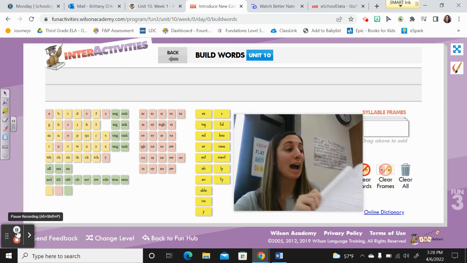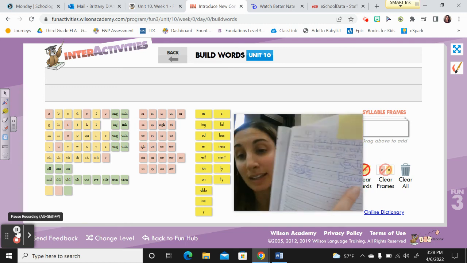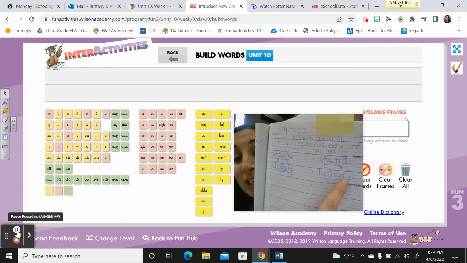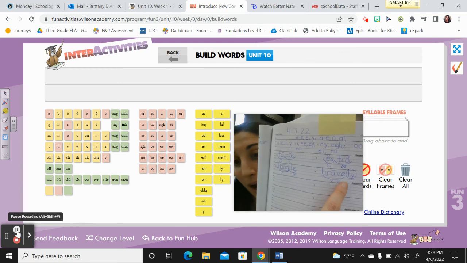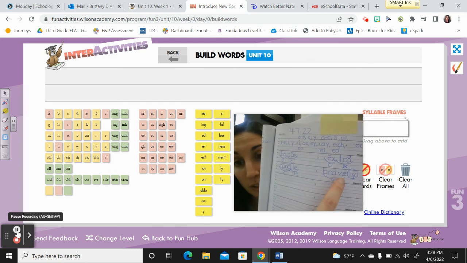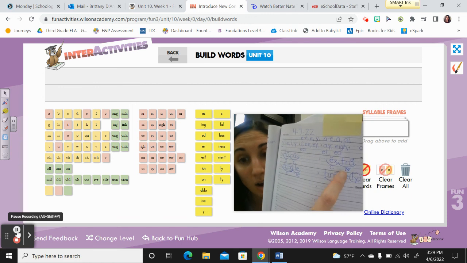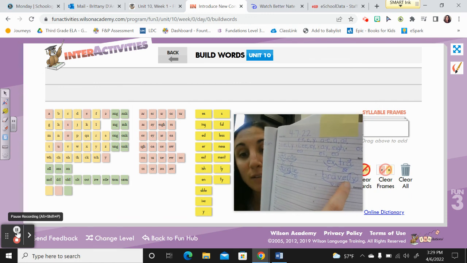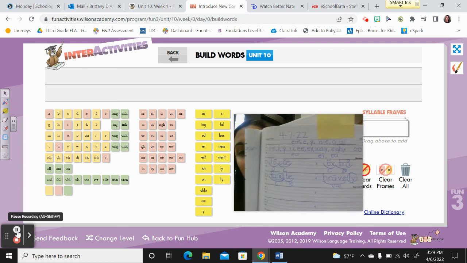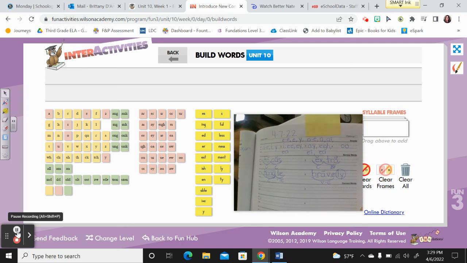B-R-A-V-E, right? That's a vowel consonant E with a silent E. And if we're attaching a consonant suffix that starts with an L, we do not drop that E, do we? So hopefully you kept it. It is silent though. You can cross it off, but it's there. It's not inserted. Bravely. Very good. Did you circle your suffix ly?